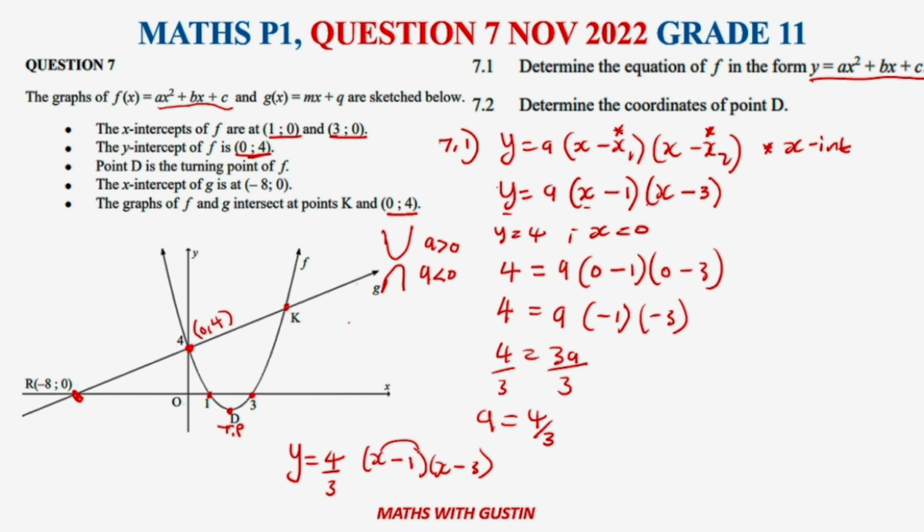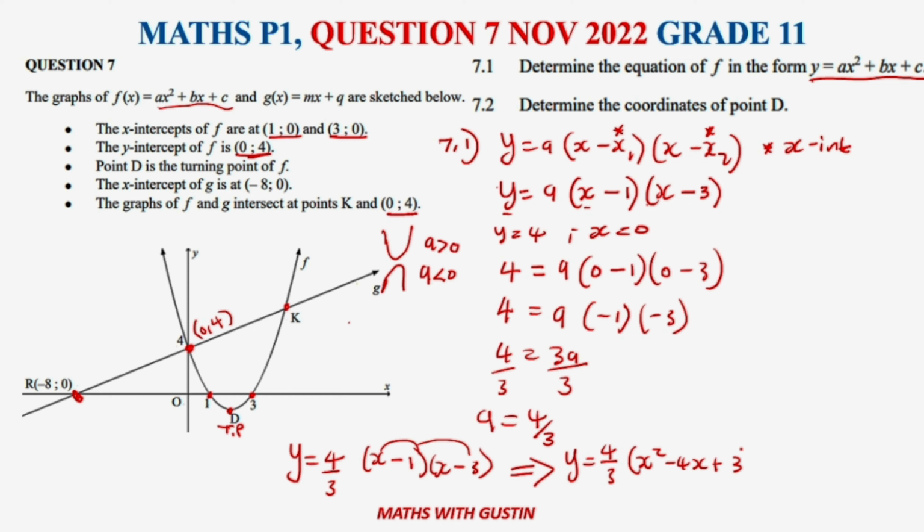We need to remove the brackets; you guys already know how to do that. y equals 4 over 3 times (x squared minus 4x plus 3).